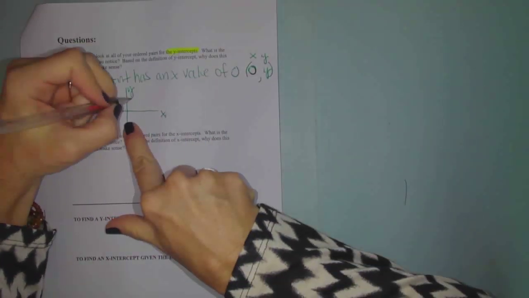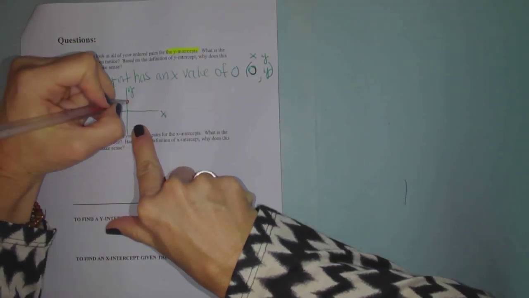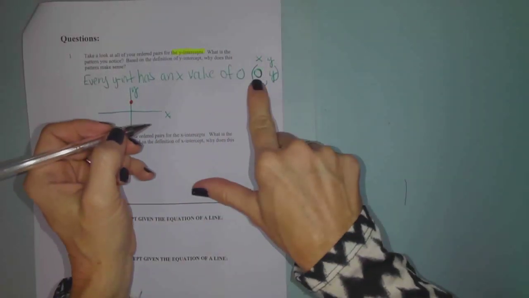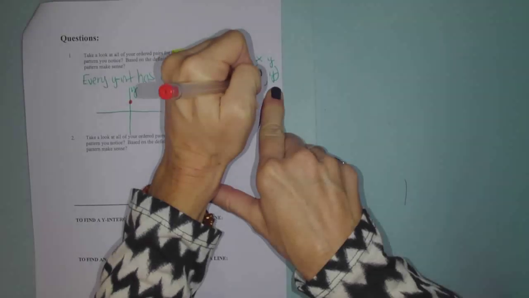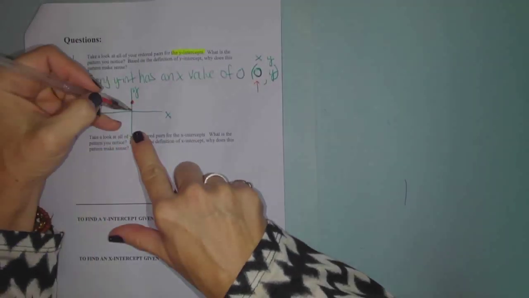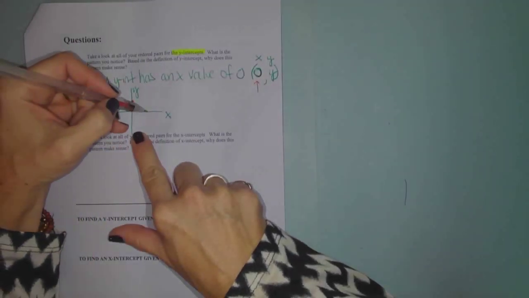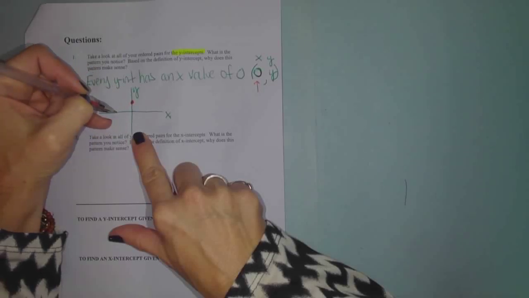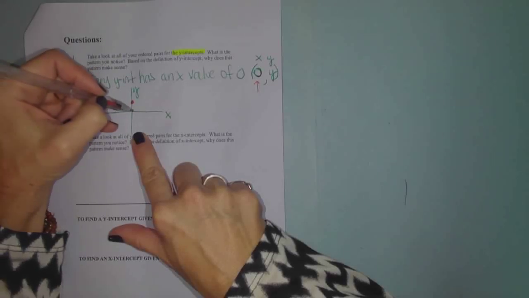If your line has a dot on the Y-axis, doesn't the X have to be 0? Because if you move right or left, you leave the center, you leave the origin.